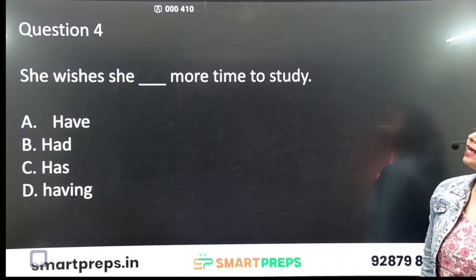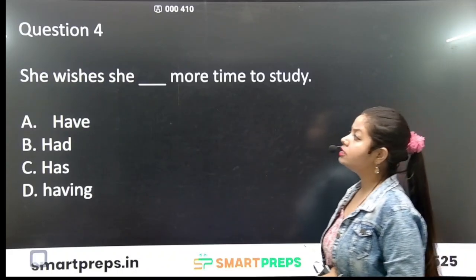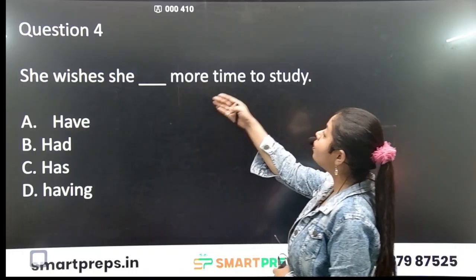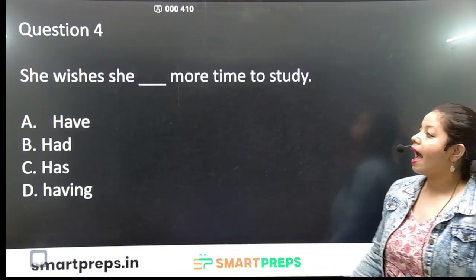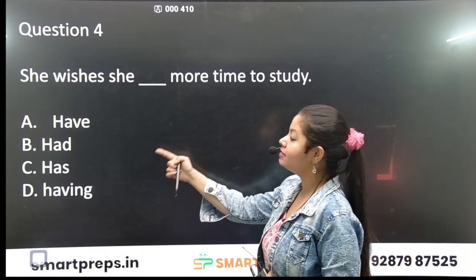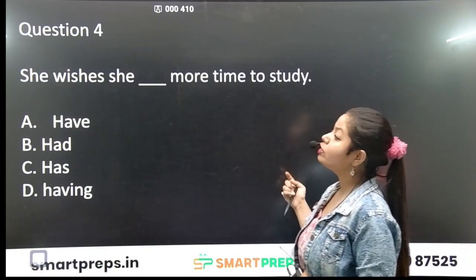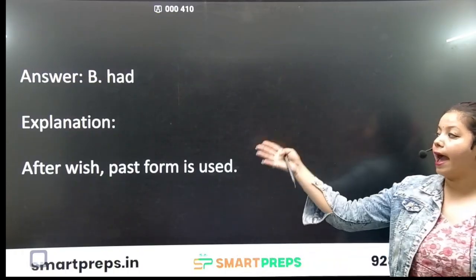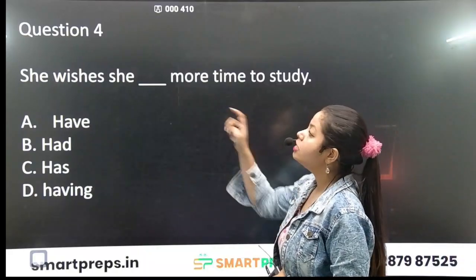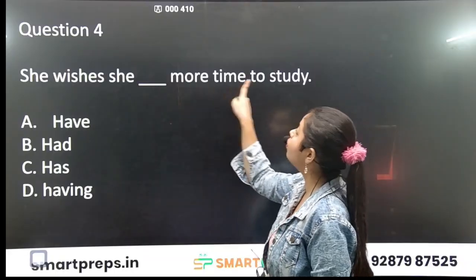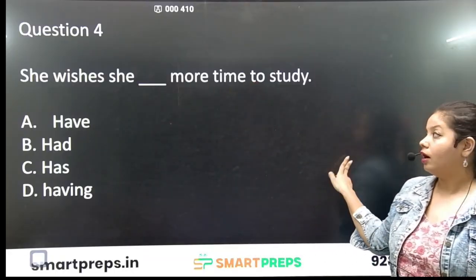Next question: she wishes she dash more time to study. Options: have, had, has, having. Which will be the answer? She had. After wish, the past form is used. So, she wishes she had more time to study will be the answer.